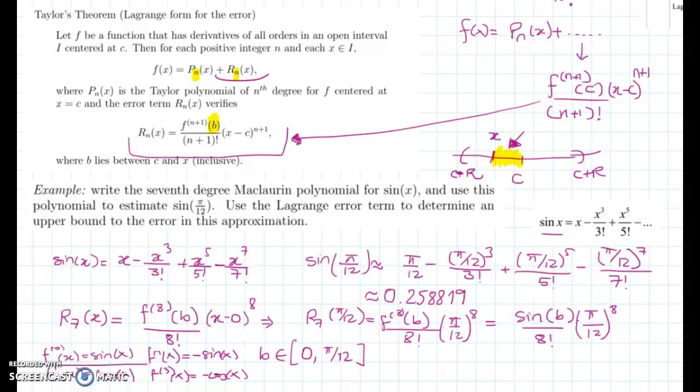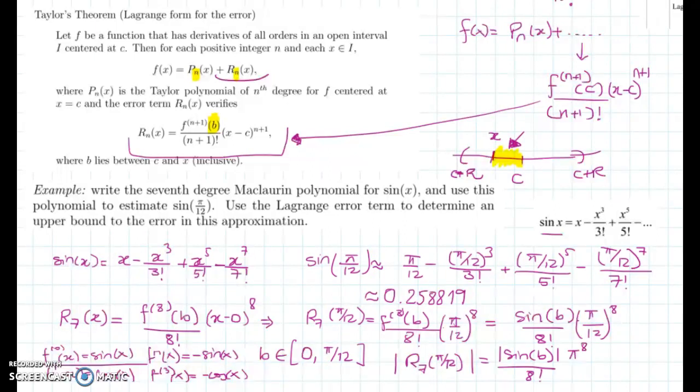We want to know an upper bound for this, so we want to know, in absolute value, this error term R7 at pi over 12. Well, it's going to be the absolute value of the sine at b over 8 factorial. Everything else can be outside the absolute value, of course.